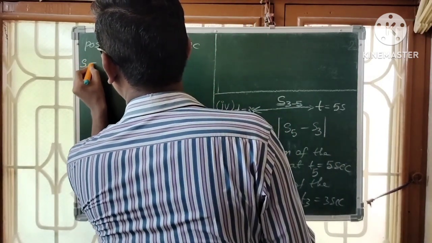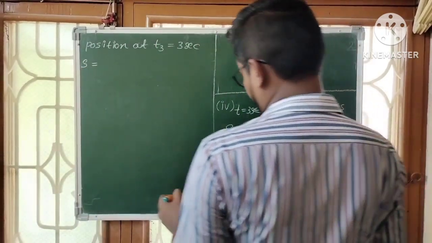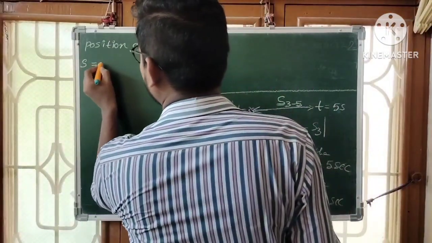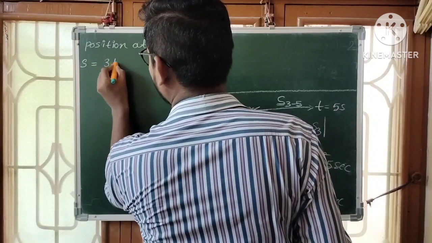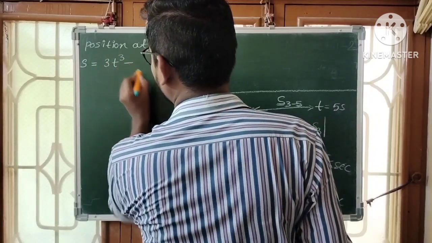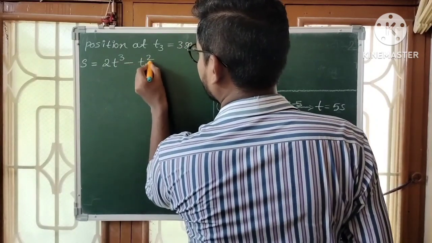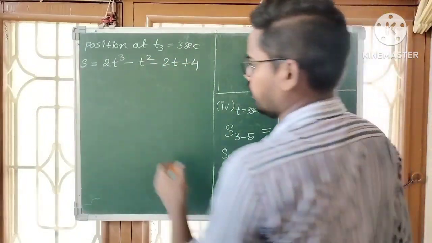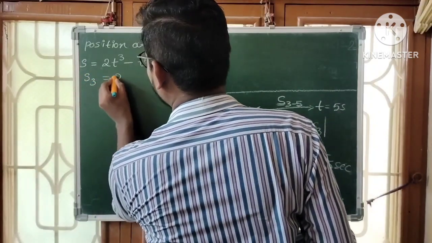Now what is S? Actually position we can take as x here. It's okay, no problem. S is equal to, what is the expression for position? 2t cube minus t square minus 2t plus 4. We need S3. Replace t by 3.